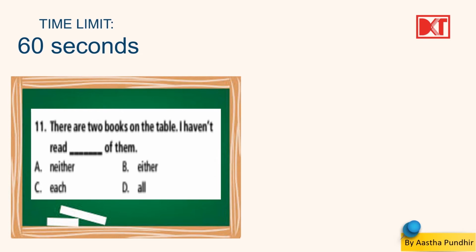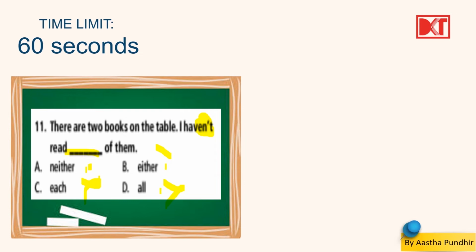Here we have, there are 2 books on the table. I haven't read dash of them. Neither of them, either of them, each of them, or all of them. There are only 2 that we are talking about, so we will not be using all or each. We'll be using either or neither. But here see, the statement is negative, so we have to give a negative result of the statement.